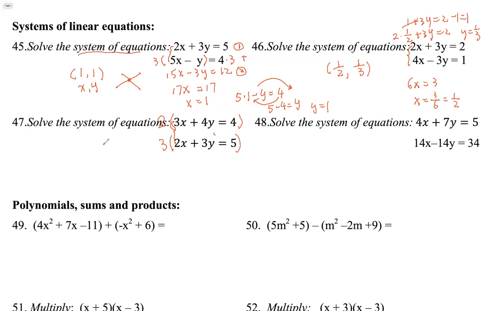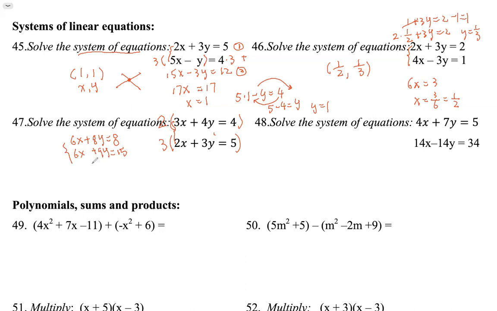Okay, then the first equation becomes 6x plus 2 times 4y, which is 8y. 2 times 4, that's 8. Then 3 times 2x, that's 6x. Then plus 3 times 3y, that's 9y. 3 times 5, that's 15.